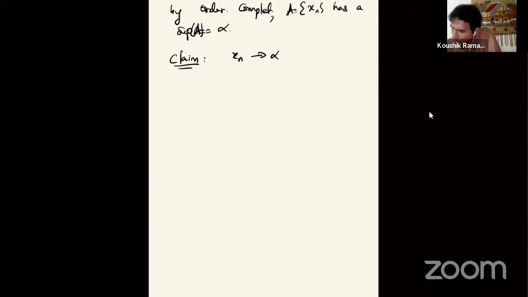Okay, why is this? Just to recall the definition, we have to show that if you give an epsilon, there is an n large enough so that |x_n minus alpha| is less than epsilon.